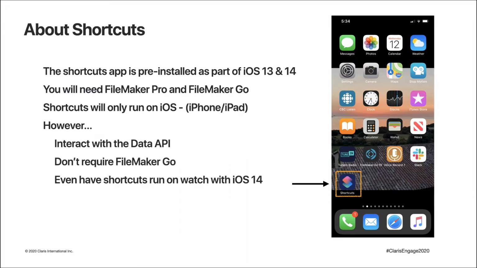Even shortcuts run on the watch in iOS 14. So that means you can have the experience run on the watch even though you don't have FileMaker Go available on the watch. However, my focus here is on shortcuts and FileMaker Go. I do cover some example with the Data API, but I don't cut into much detail there.